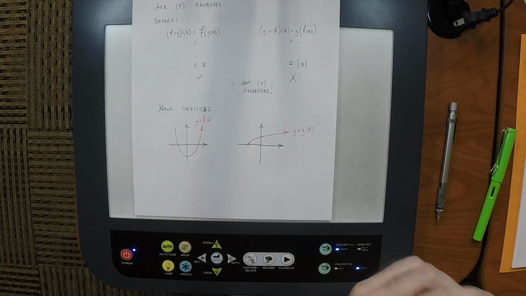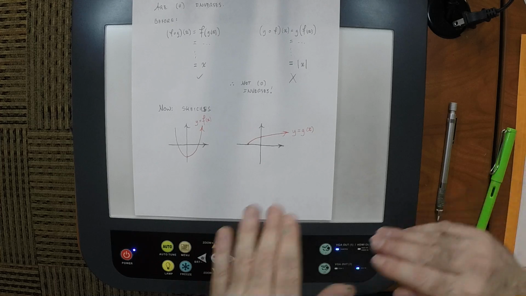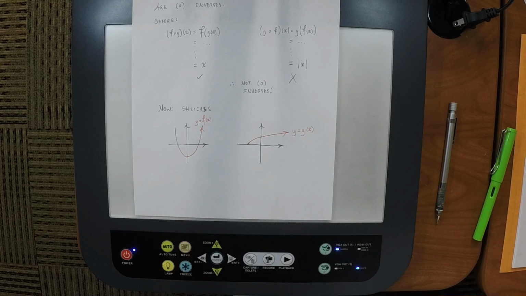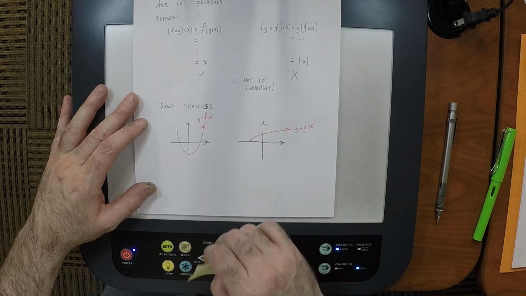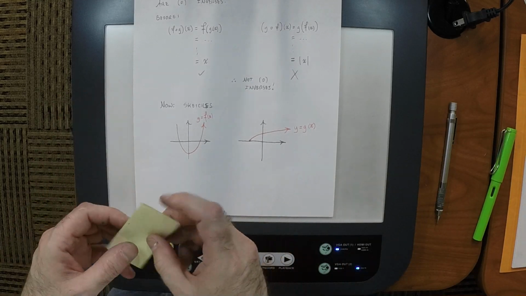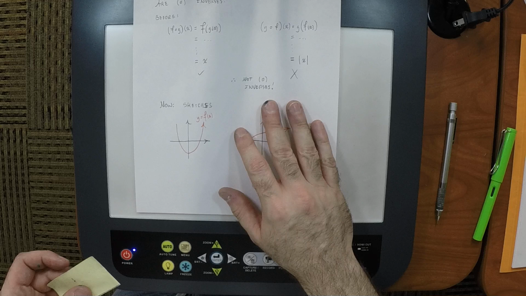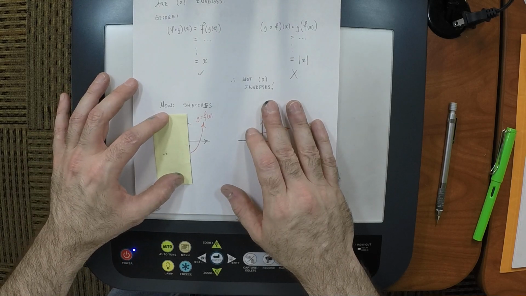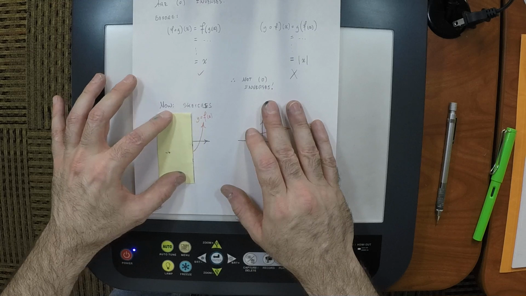Okay. So now, taking my word for it that the plots look like this, we can have a look at these two. Notice that they're both functions, obviously, because they pass the vertical line test. There's always a 0 or 1 intersection.